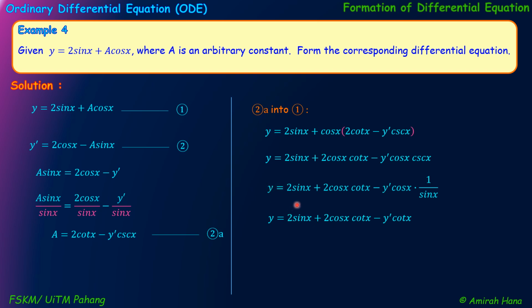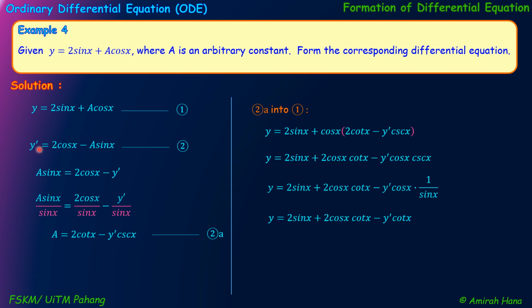So we get y equals 2 sin x plus 2 cos x cot x minus y prime cot x, right? So from here, there is no more arbitrary constant a, okay? And until here, we have written this equation as a differential equation. This is our final answer.